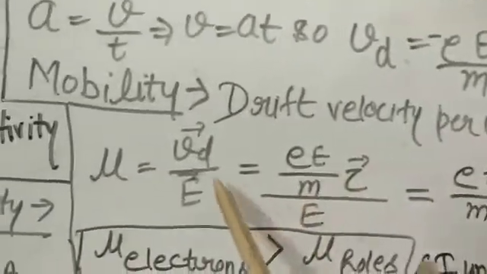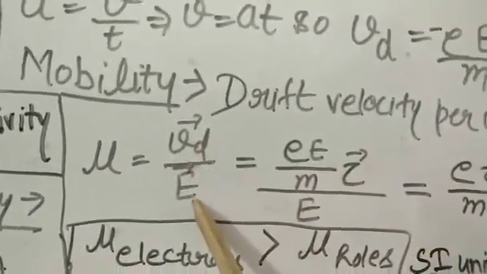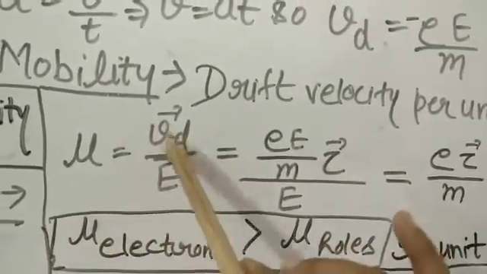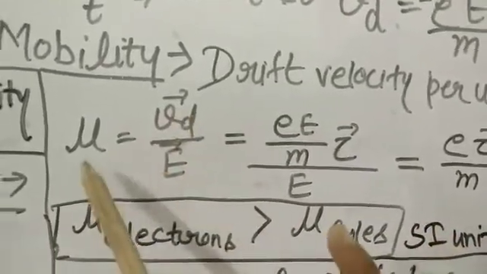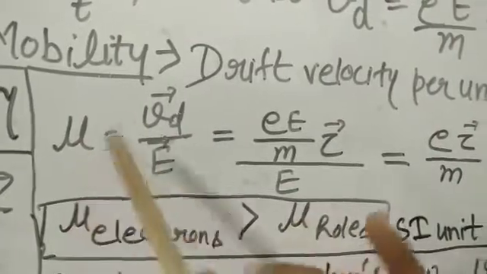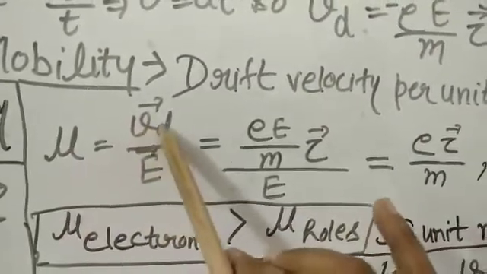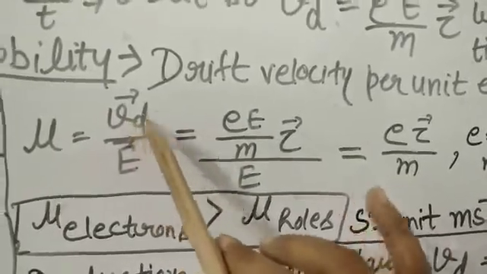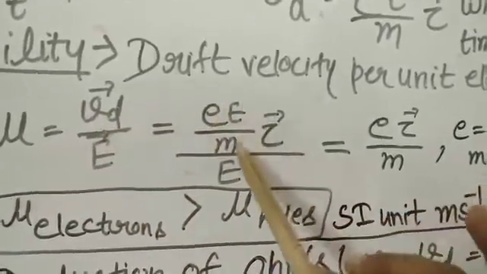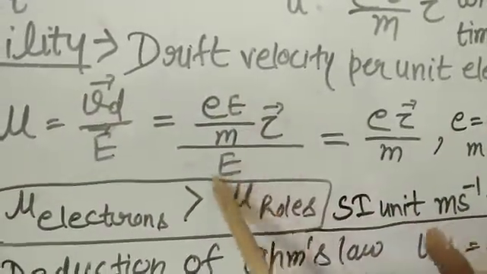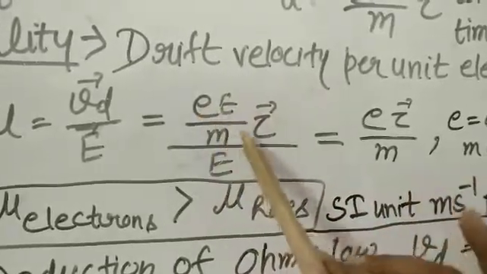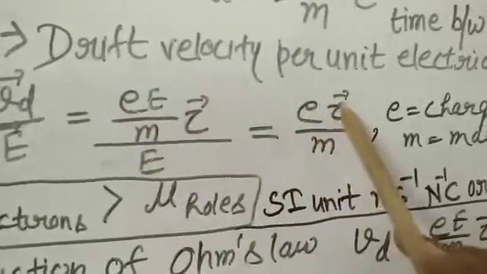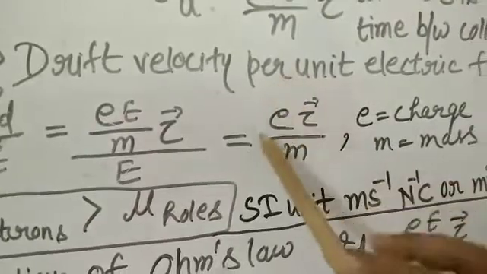So divide the drift velocity by E. The mobility symbol is mu, so mu is equal to drift velocity Vd upon E. Put the value of Vd, that is eE upon m into tau upon E; E cuts with E. Then what is the rest? e tau upon m. So this is the mobility.